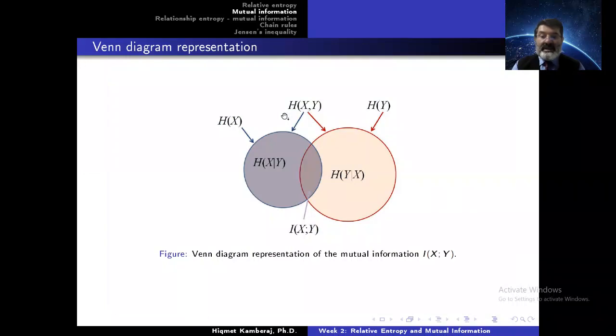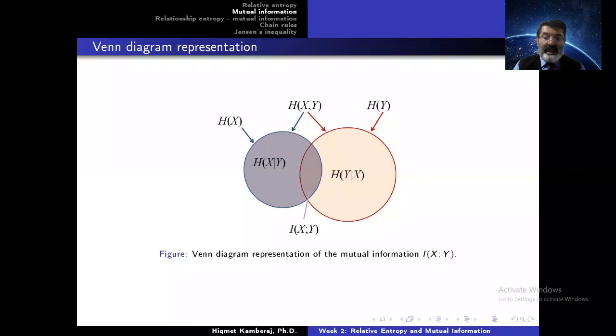A Venn diagram representation of the mutual information is shown on this graph. In blue, I've shown the Shannon entropy H(X), and in red, the Shannon entropy of the random variable Y. Then the joint entropy between X and Y is the union of H(X) and H(Y), and the mutual information represents the intersection between the two circles, the one that represents H(X) and the other one that represents H(Y).